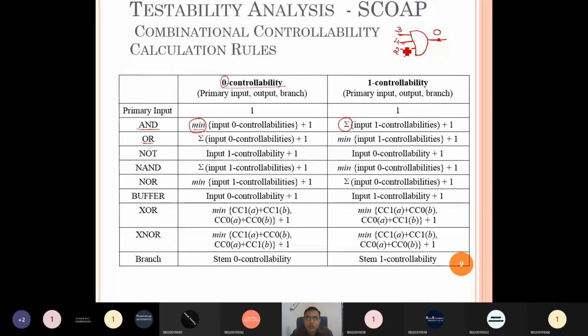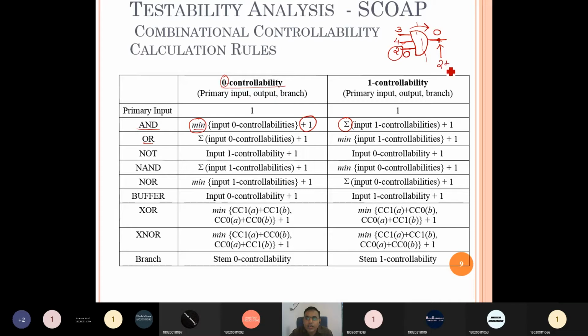So this is 2 controllability. If we set it to 0, the difficulty level is 2 plus 1. The plus 1 is because one logic gate stage is added in the design. So the difficulty level to set the logic 0 is 3. Now suppose we give this 3 to another gate, whose other input has difficulty level 5, and we want to set this point to logic 0.